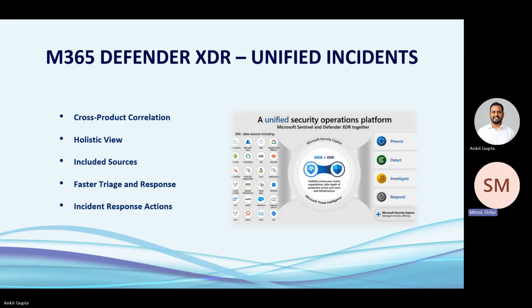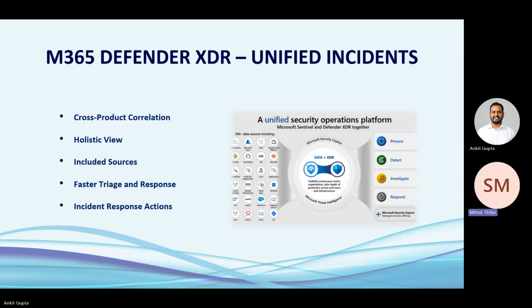This unified incident view makes it easier to scope the attack. Analysts can see all impacted assets, users, mailboxes, devices, even lateral movement attempts linked together. Defender aggregates data from Endpoint, Office 365, identity, and cloud apps, and can also pull in Sentinel alerts if connected.